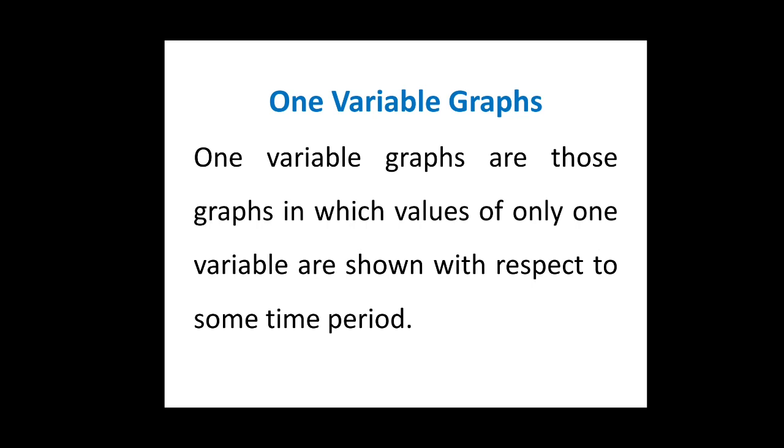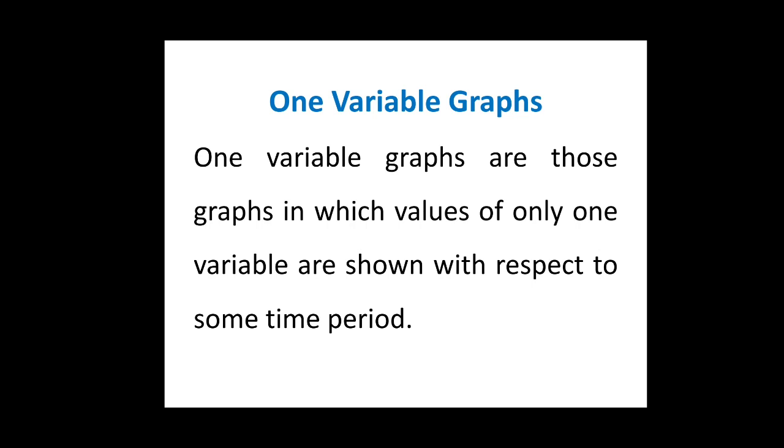Dear students, arithmetic line graphs or time series graphs can mainly be of two types. First, one variable graphs, and second, two or more than two variable graphs. Let us first explain one variable graphs.